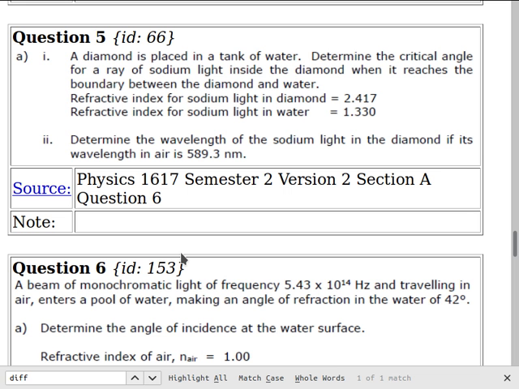You worked out the critical angle between the diamond and the water. Do you know what? It has nothing to do with Snell's law. It's not a refraction problem at all. It's an n equals c over v formula. For some reason I was thinking it was a refraction, but there's no mention of angles anywhere in this question. So there's no Snell's law in this. It's just n equals c over v.